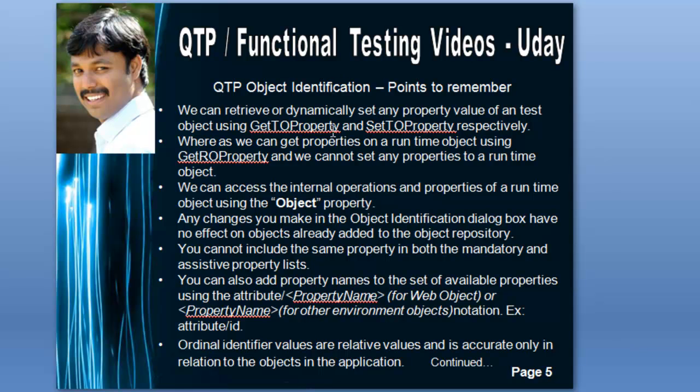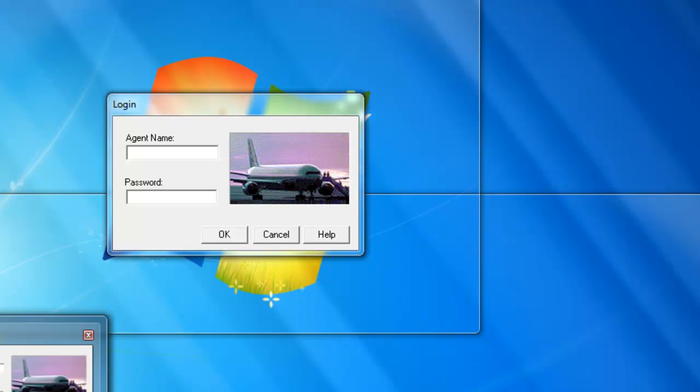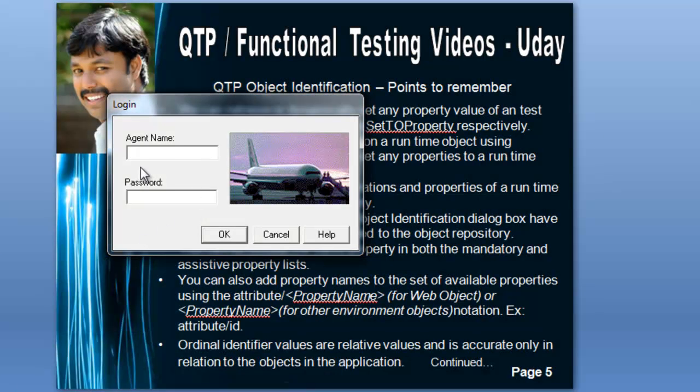We can use these two for test objects, whereas you can use GetROProperty to retrieve the runtime object properties. Here you don't see SetROProperty because QTP is not maintaining any object. These are maintained by the object creators.